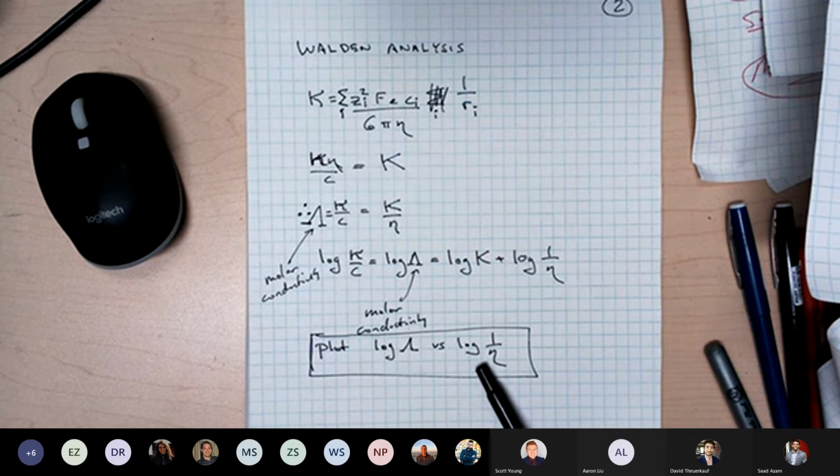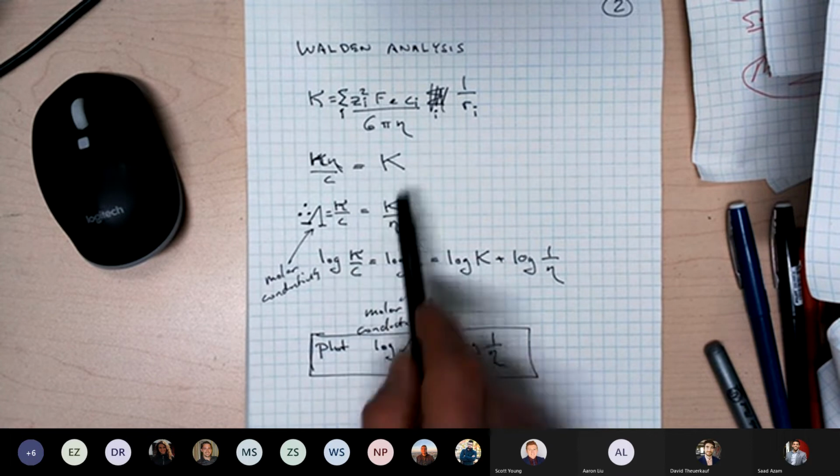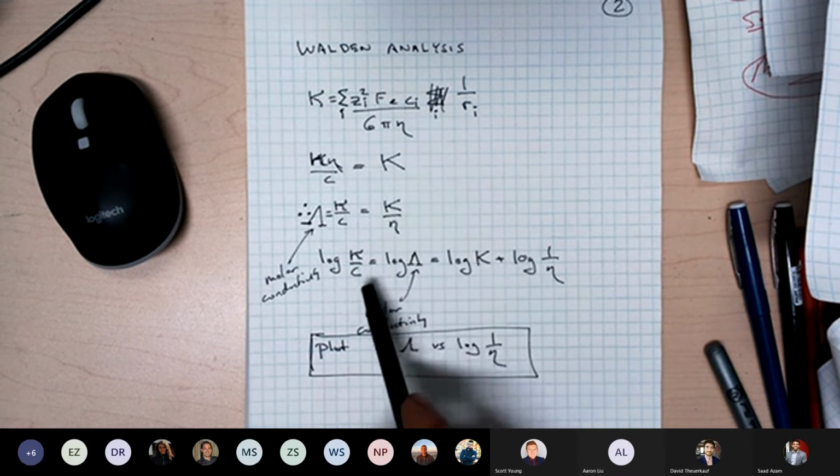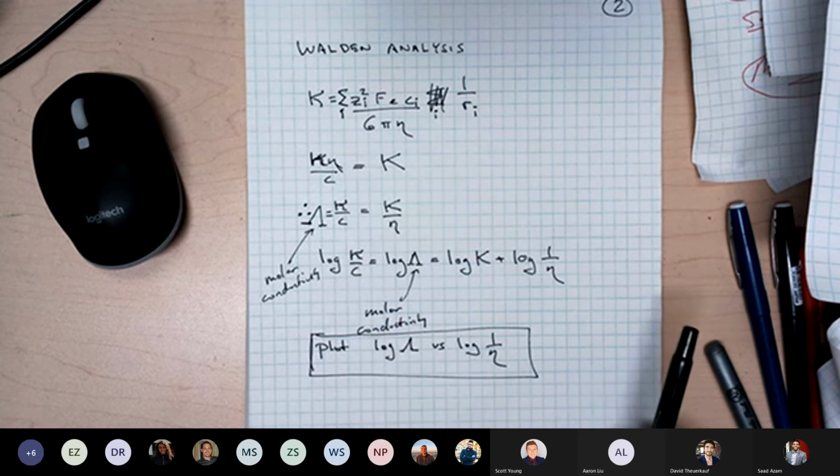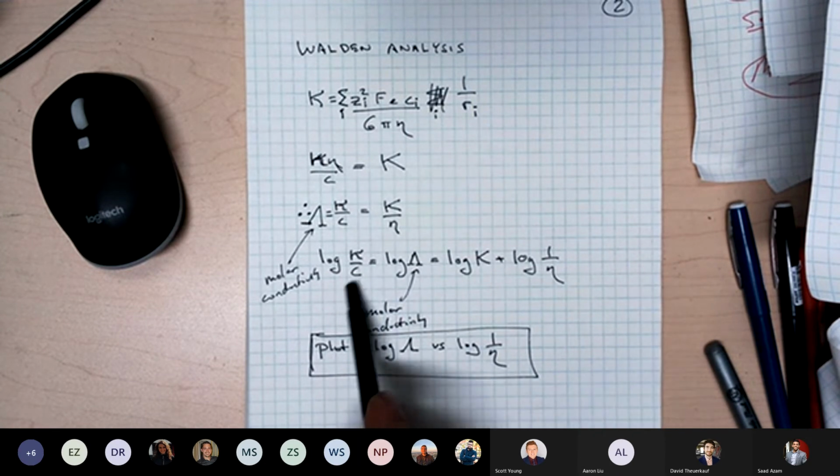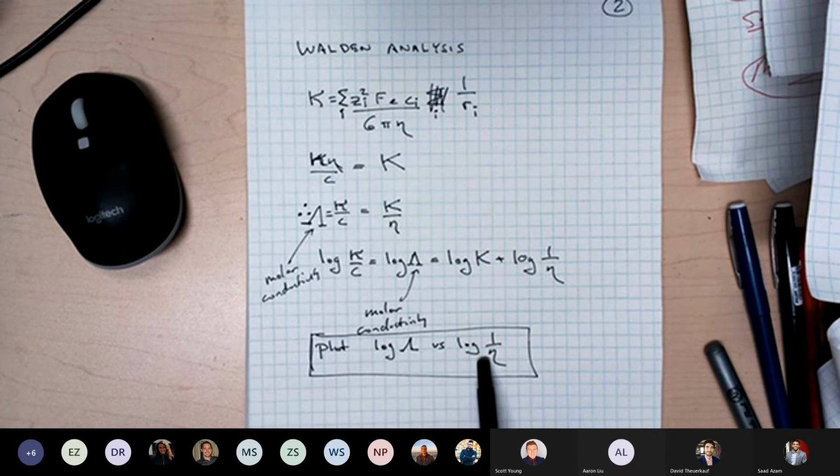And if you get a straight line, it tells you that the dissociation of the ions is complete, because if everything is dissociated into single ions, then the molar conductivity will vary in this way. It'll be a straight line.